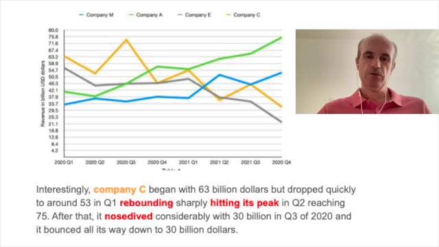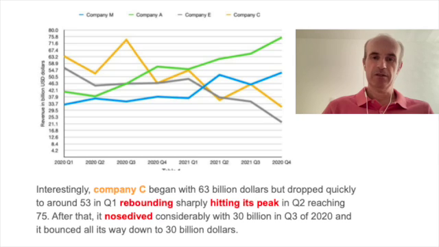And as you can also see in the third word that I'm using in this sentence, interestingly, company C began, and as you can see, this is in the past tense. Remember that the information was measured in 2020 and 2021. This means that the information is in the past, and that's why you have to use the past tense.